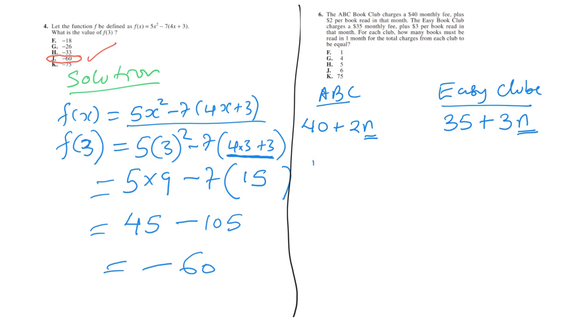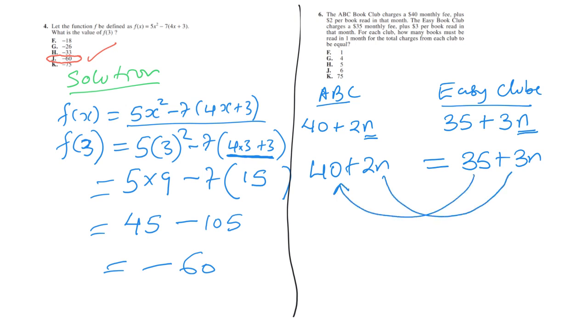So let's see, 40 plus 2N will be equal to 35 plus 3N. So we can try to collect like terms. This will come this side, and then this will go the other side. And you know that when a number jumps the equal sign, the sign before it changes.